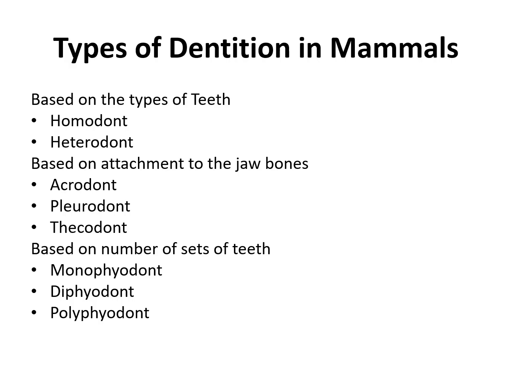And finally, based on the number of sets of teeth during a lifetime, animals may be monophyodont with one set, diphyodont with two sets, or polyphyodont with continuous replacement. This classification helps us understand both functional adaptation and evolutionary relationships.